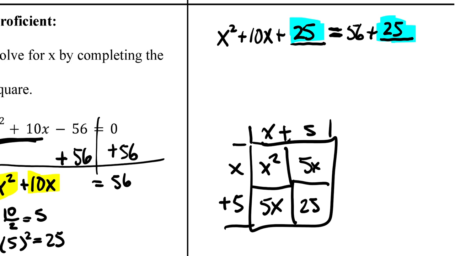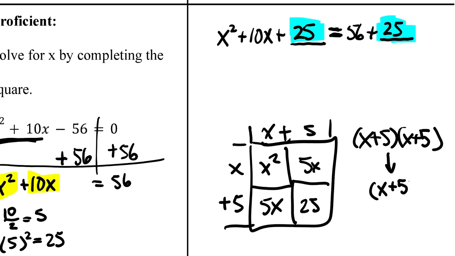And so if we multiply those together, we can write x plus 5 times x plus 5, which would be the same as x plus 5 squared. And so I'm going to rewrite this as x plus 5 squared.